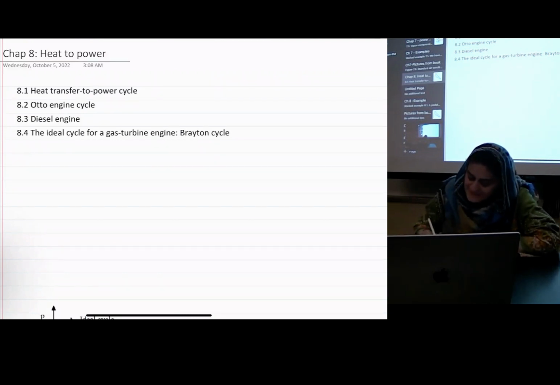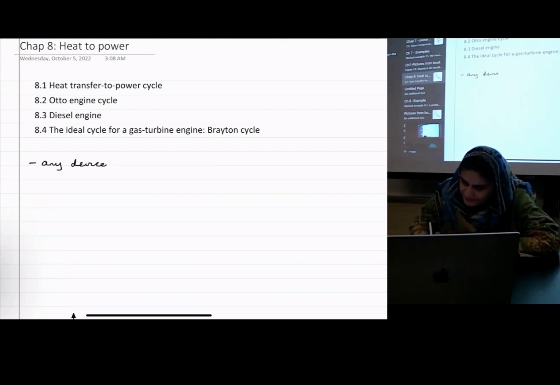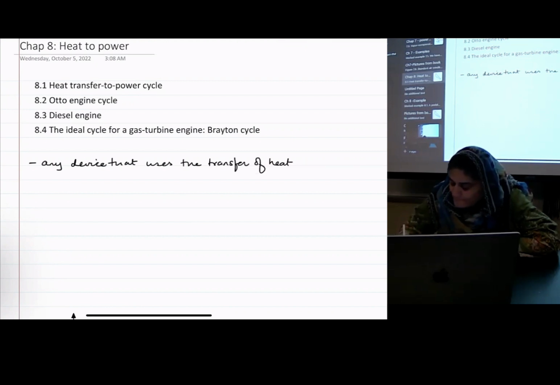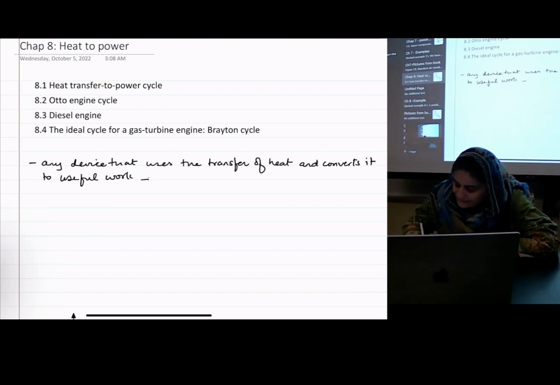What that means is any cycle, any device that uses the transfer of heat and converts it to useful work is called a heat engine.